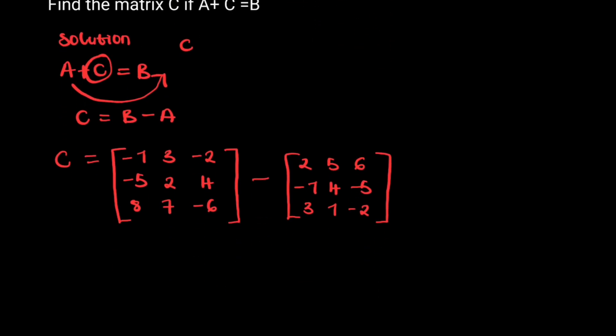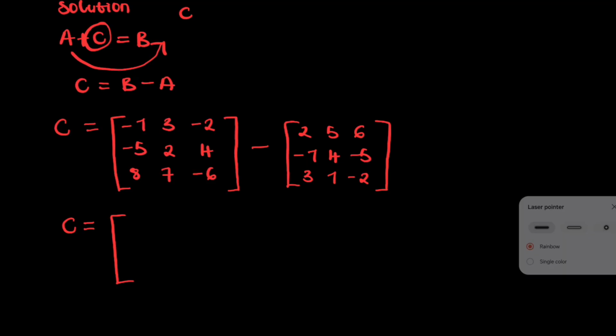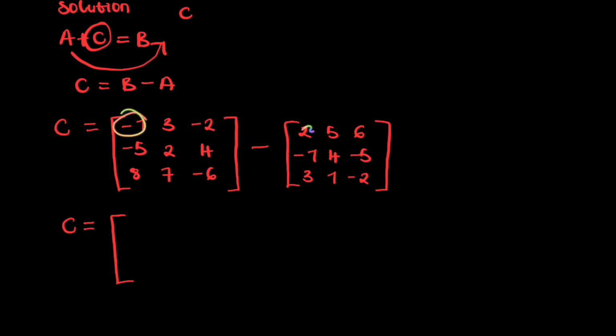Here we are just going to simply subtract these two matrices, and from there we are going to find what our C is. This is matrix subtraction. To subtract two matrices, we need to subtract corresponding elements in each matrix. So minus 1 and 2 are corresponding elements. 3 and 5 are corresponding elements.